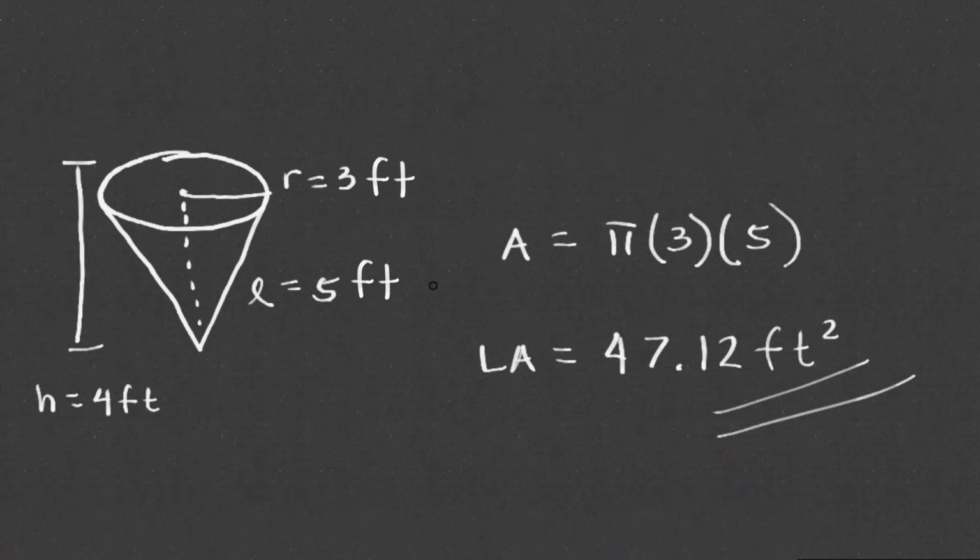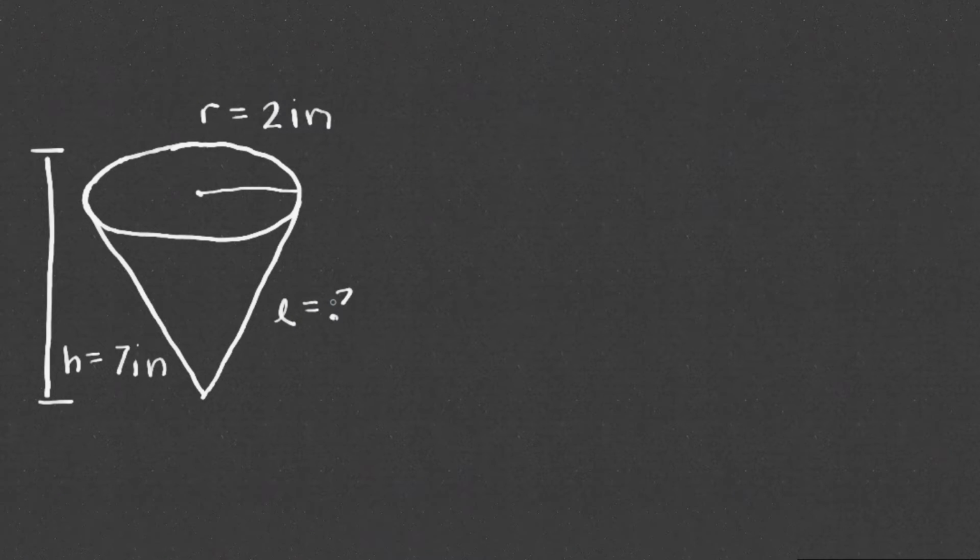Let's try another example. Let's say we have a cone in which the height is 7 inches, and the radius is 2 inches, and the value of the slant height is unknown.